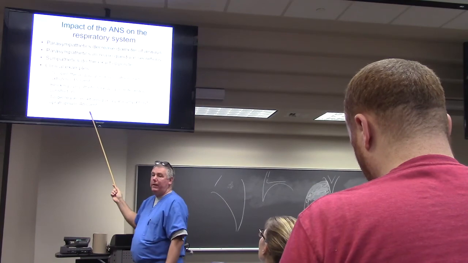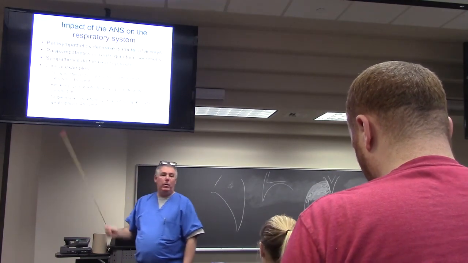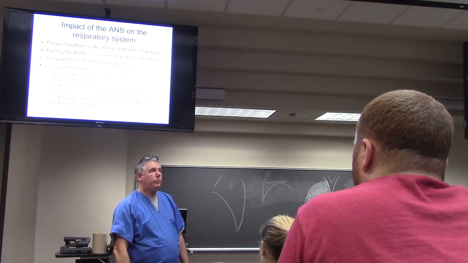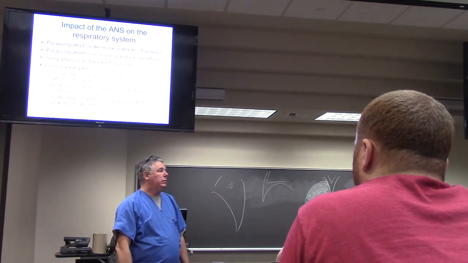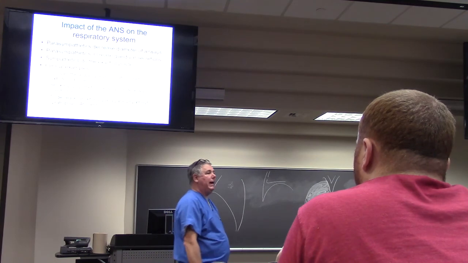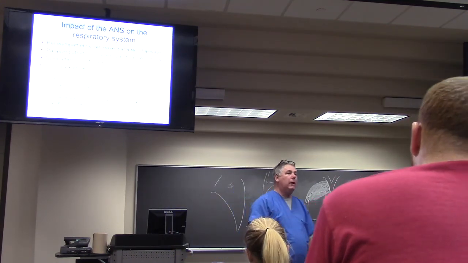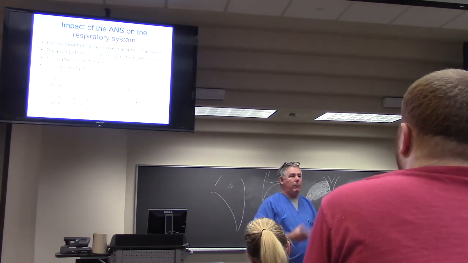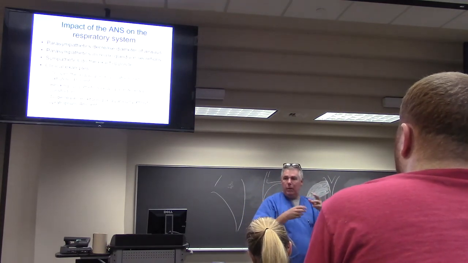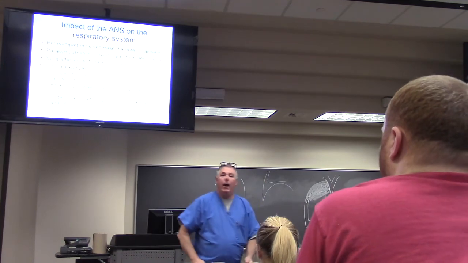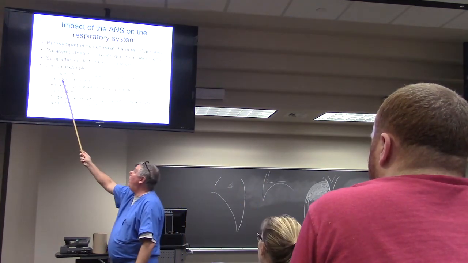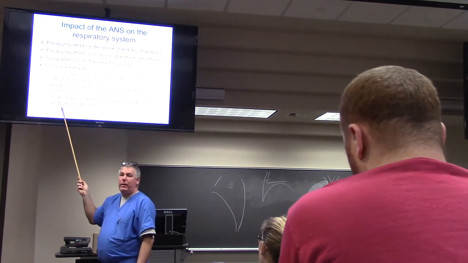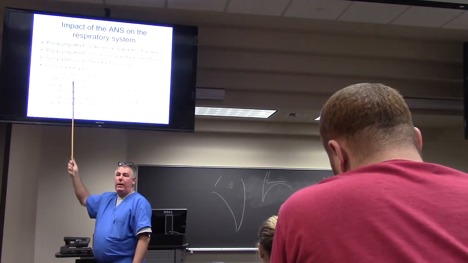Ipratropium or Atrovent is the drug you're going to use every day. So when somebody comes in with an asthma exacerbation, they're wheezing, they can't breathe, you give them a nebulizer containing 5 milligrams of albuterol and 1 milligram of Atrovent. That'll dilate them and dry them up.